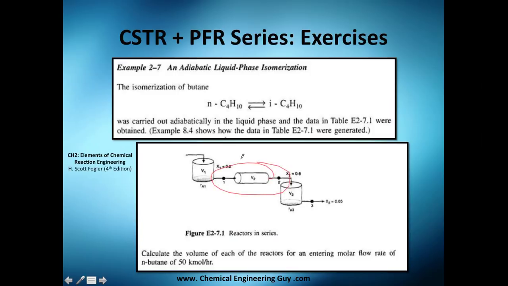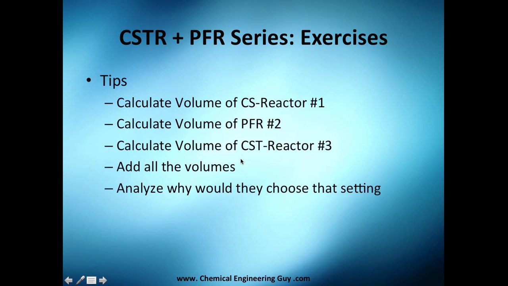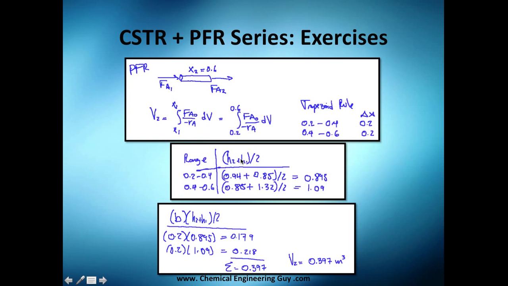The second one, it's not that easy, and it's a PFR, so we're probably going to do some extra calculations on the integrals. Inlet is FA1, outlet is FA2. Conversion goes from 20 to 60%, so let me do that. Volume 2 will be conversion 1, which is 20%, which is right here. Conversion 2 is 60% right here.